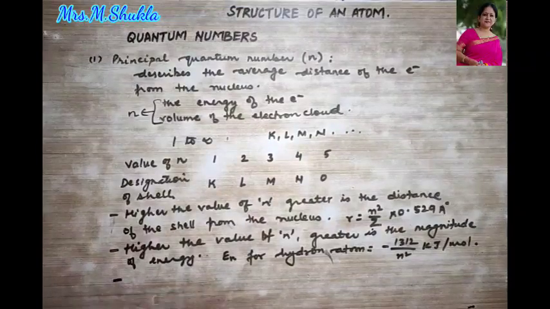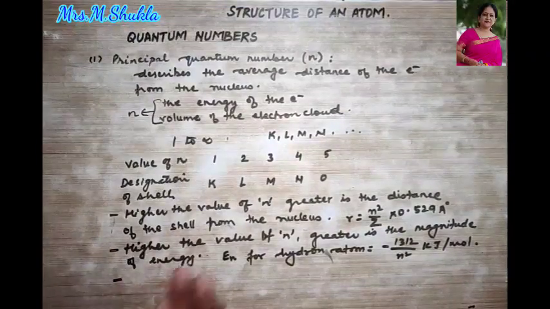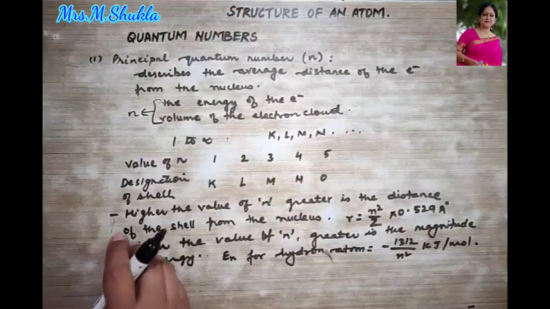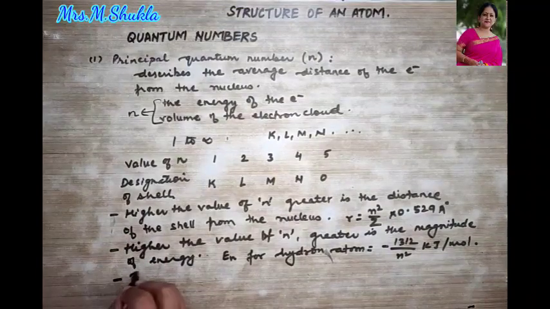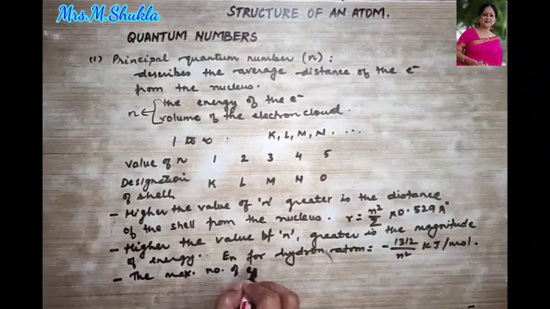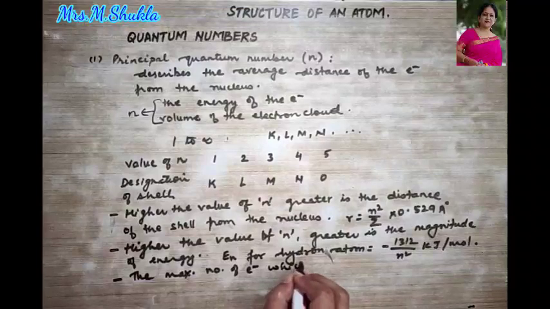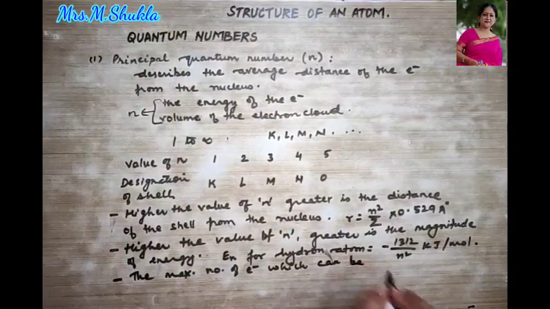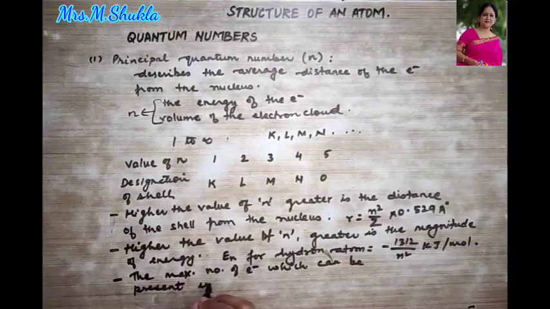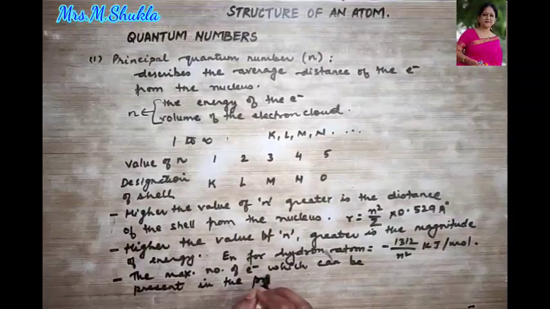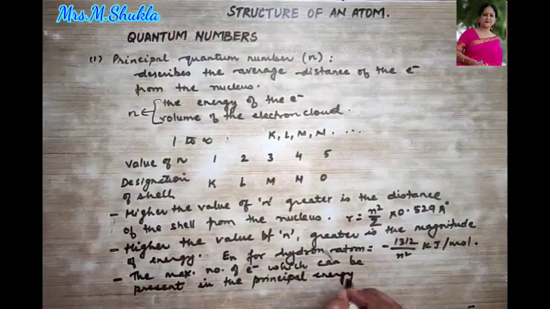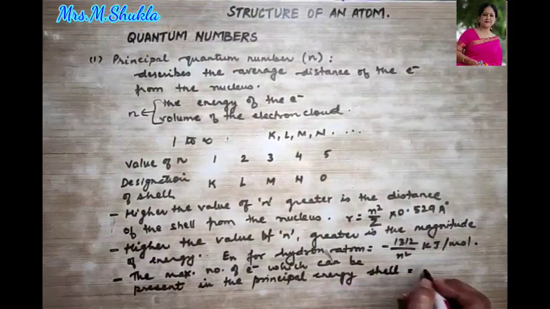Then the third important point over here. The maximum number of electrons which can be present in a principal energy shell is always equal to 2n square. How do we denote that?